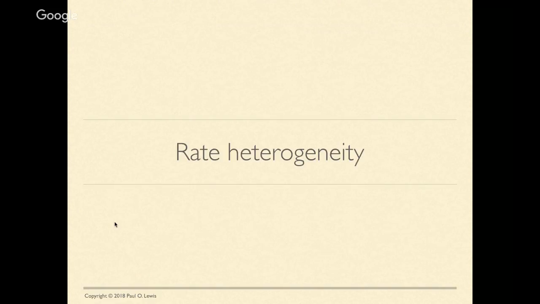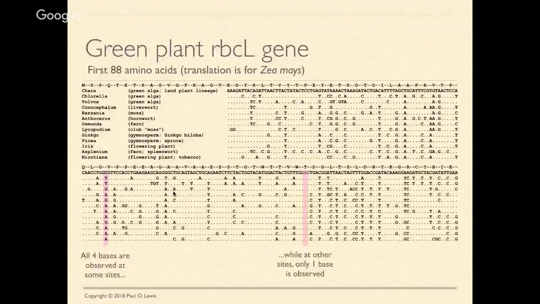So I want to switch now to talking about rate heterogeneity. If you take a look at some sequences, here are some sequences from the green plant rbcL gene. For these organisms, I've just shown you the full sequence for Kara at the top, and then everybody else has a dot if it's the same as Kara at that site, or if there's a substitution, you can see the substitution this way a little better.